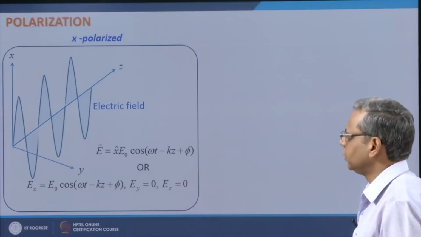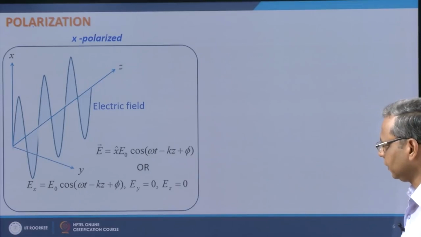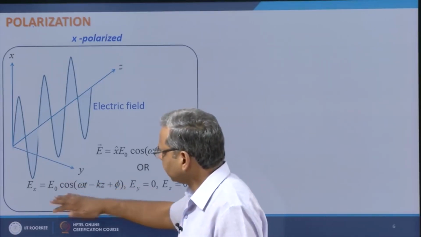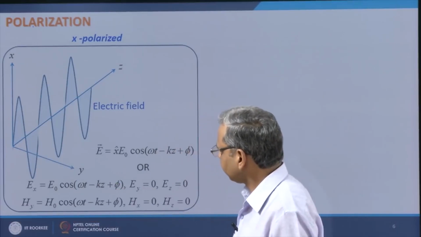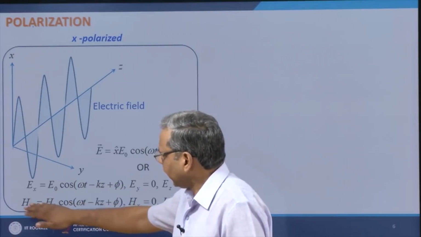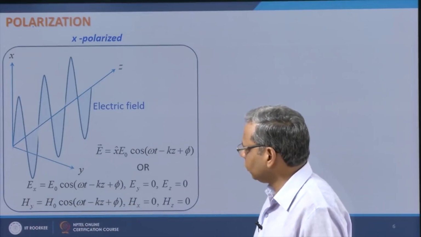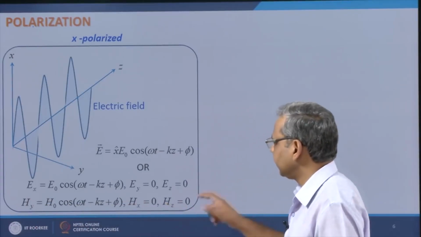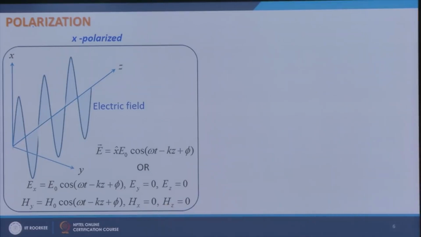Ez is of course 0 because they are transverse waves. Correspondingly, I can get the components of magnetic field. Now, Hy would be H0 cosine omega t minus kz plus phi, Hx would be 0 and Hz would be 0. So, this is x polarized wave.